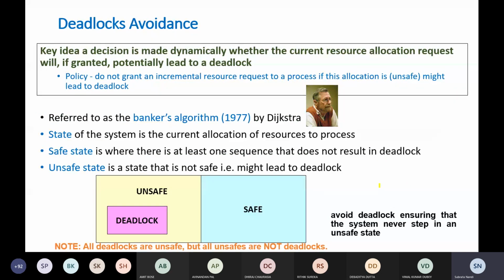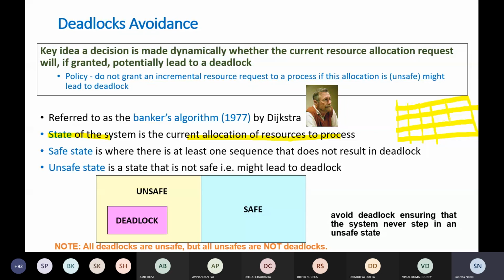So next comes deadlock avoidance. Here the key idea is that a decision is made, as I mentioned, every time. So you have got a particular state of the system. The state of the system is the current allocation of the resources to the processes. So we can maintain some kind of matrices, like if there are 3 processes, say for example, for each process we have one row, and if there are 5 resource types, they can be represented in the columns.